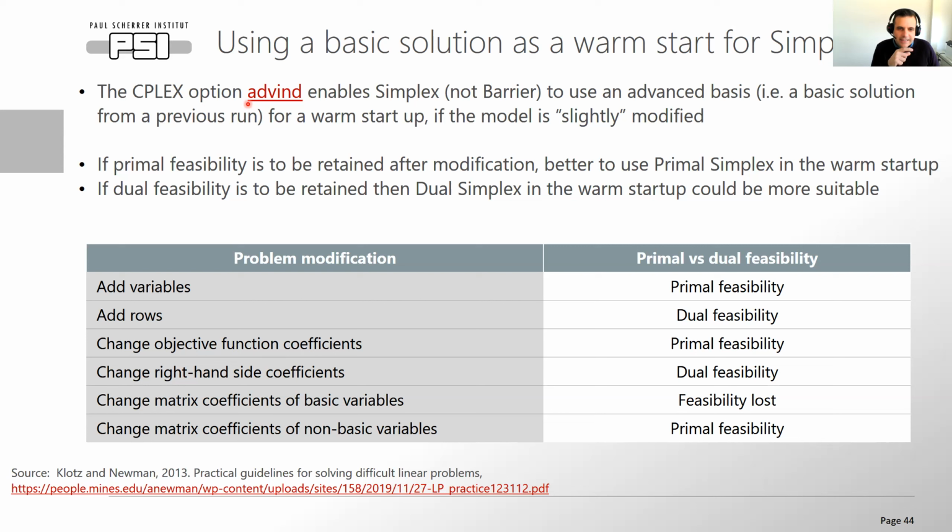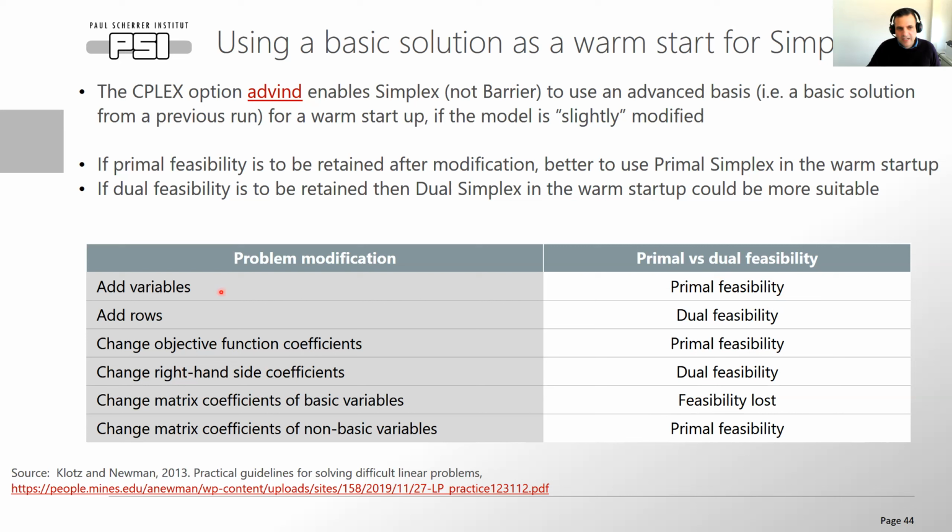And here it's important to see if, when we change the model, the solution that we have from a previous run is still feasible or not. And this depends on what change we do in the model. We can see here that depending on what we do in the model, if we add variables or rows, or we change coefficients in the objective function or in the constraints, we retain some feasibility or we lose feasibility.